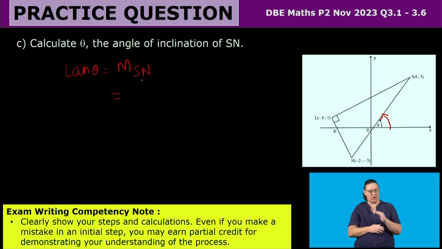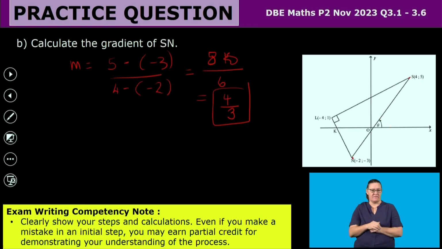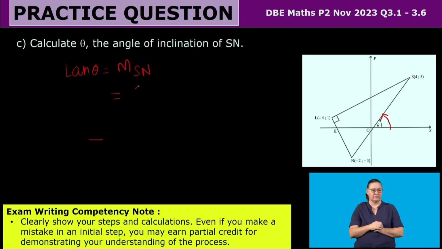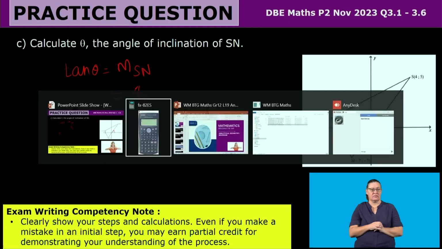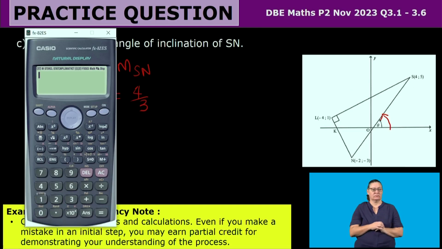The gradient of SN we just worked out as 4 over 3. So therefore, to work out the angle theta, we're going to say shift tan of 4 divided by 3.